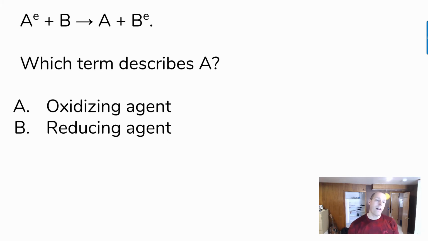Okay, so here we've got A giving the electron to B. So A is giving the electron to B, and that means that A is reducing B. B is becoming reduced. A is becoming oxidized, but A itself is the reducing agent because it's giving electrons. So B.